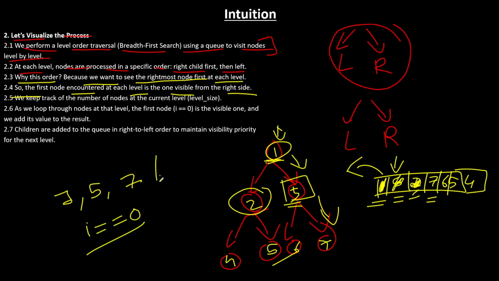This is the for loop over the queue size. If you remember, we take the size of the queue for each level, right? So in this particular i equals 0, when you do the right node, this is the first node always. So you could directly push it into the resultant vector or resultant array, right? In this case, if you took right, right is the first for this particular level, correct?